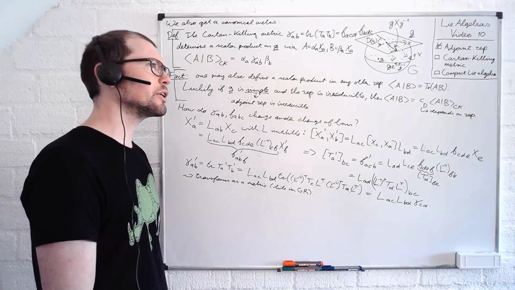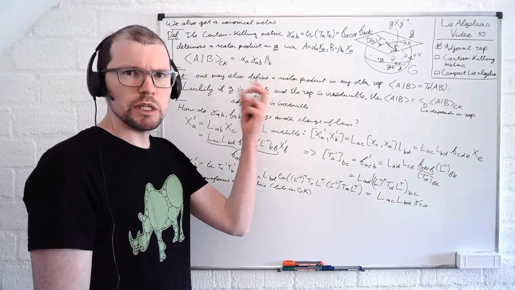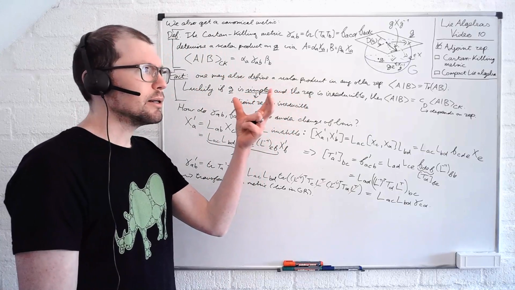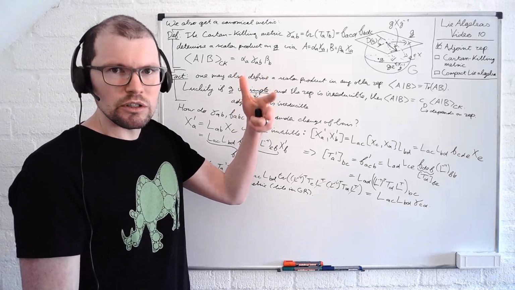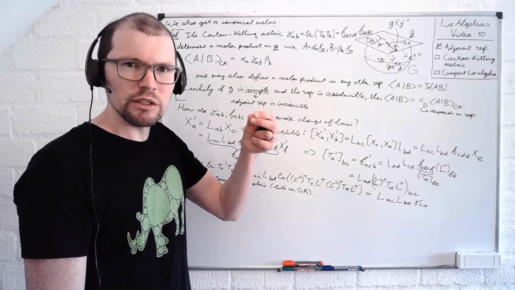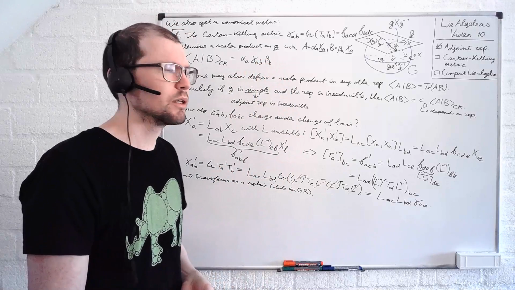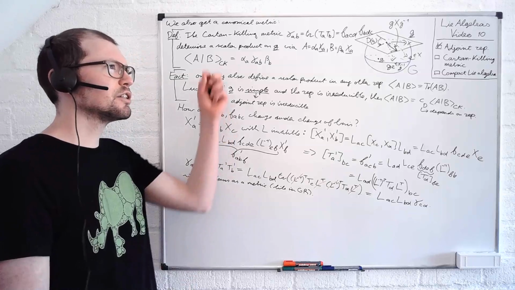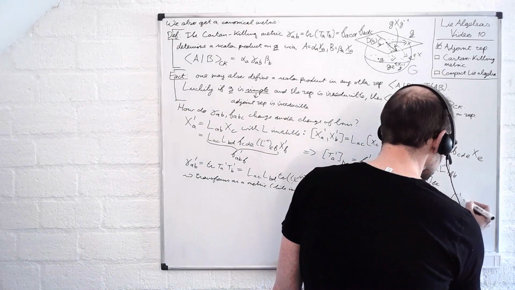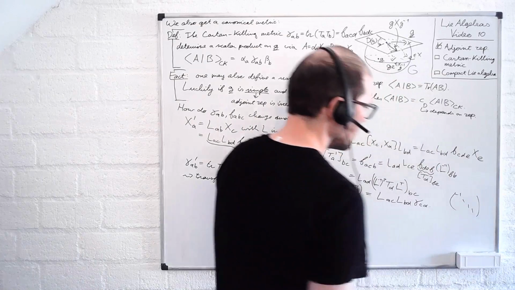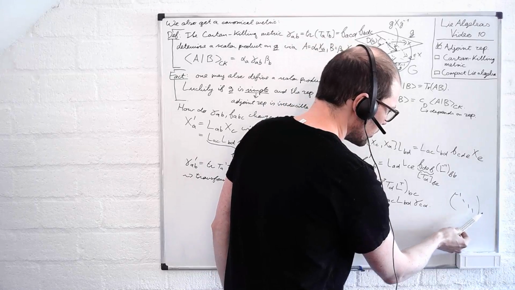If you remember, in general relativity you have your arbitrary space-time metric, but by choosing your coordinates properly, you can always locally bring it to a very special form, which is just the Minkowski metric. What does it look like again? It has minus ones and ones on the diagonal.